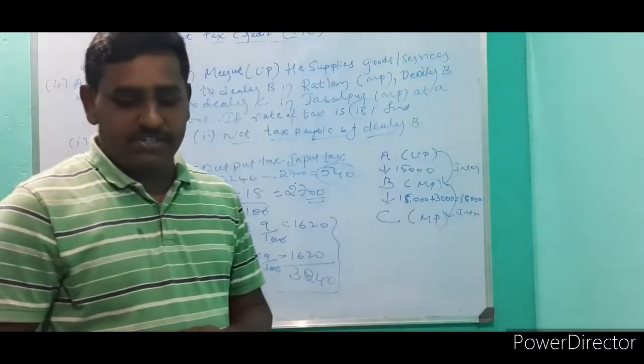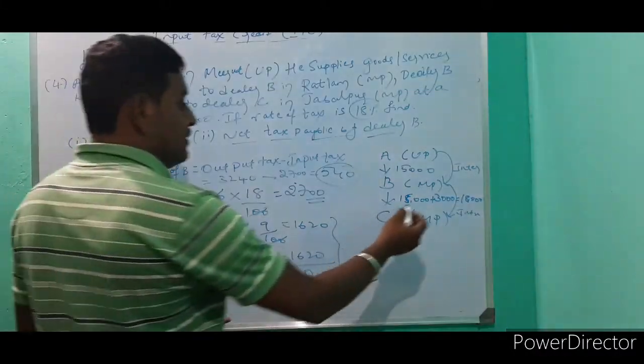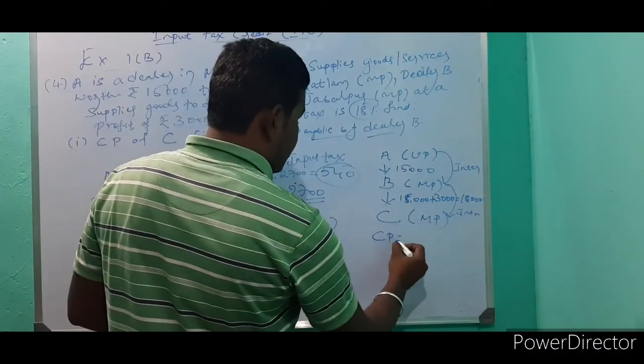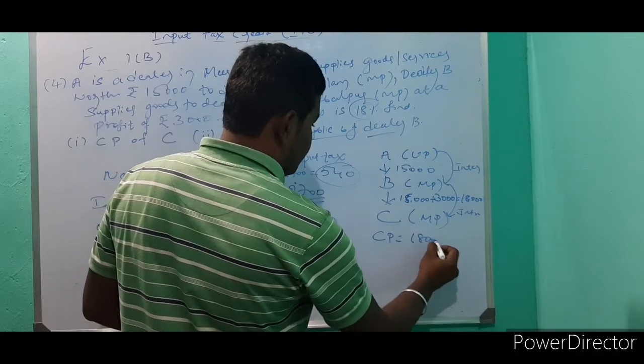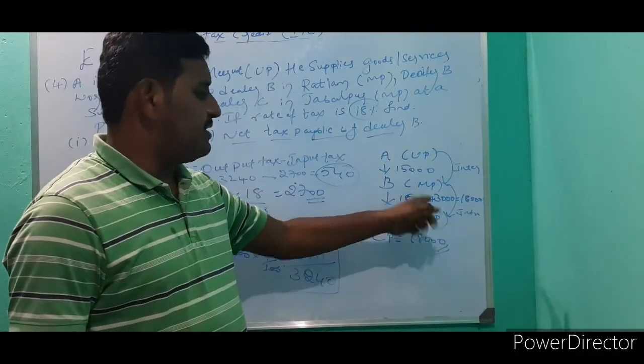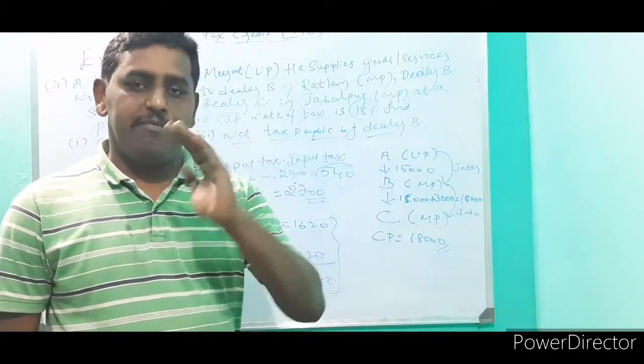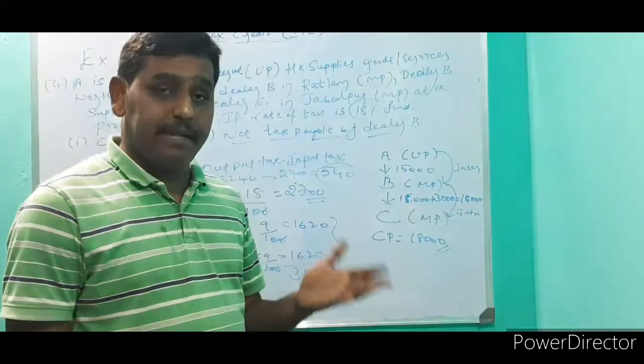What is cost price of C? We already found out the cost price of C. CP, the cost price is 18,000. Selling price of B is cost price of dealer C. So what is the amount sold by dealer B?